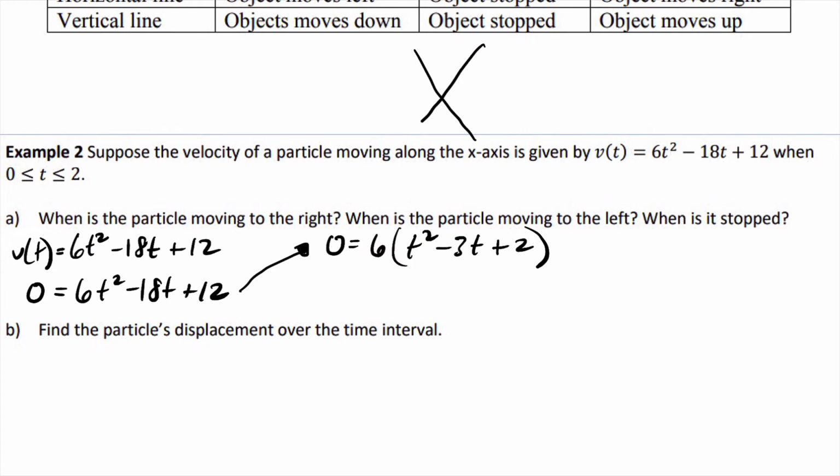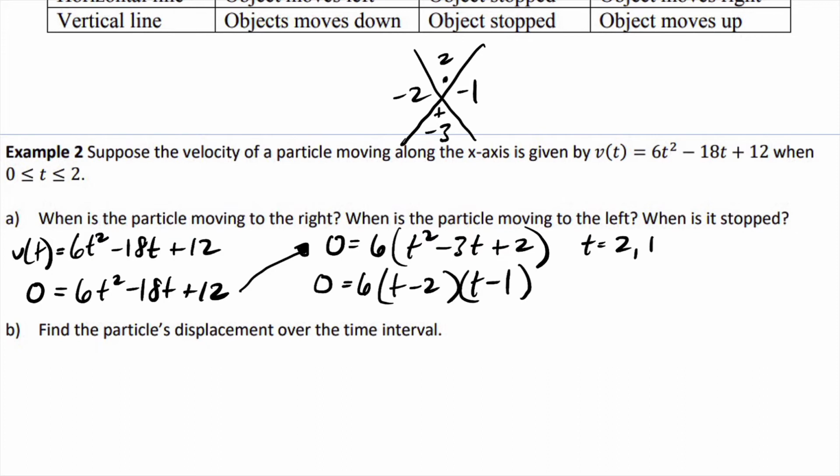Factor using the x method, whatever method you're more comfortable using. They've got to multiply to be 2 and add to be negative 3. So the numbers are going to be negative 2 and negative 1. Okay. So I'm going to get 2 answers. I'm going to get t equals 2 and t equals 1.